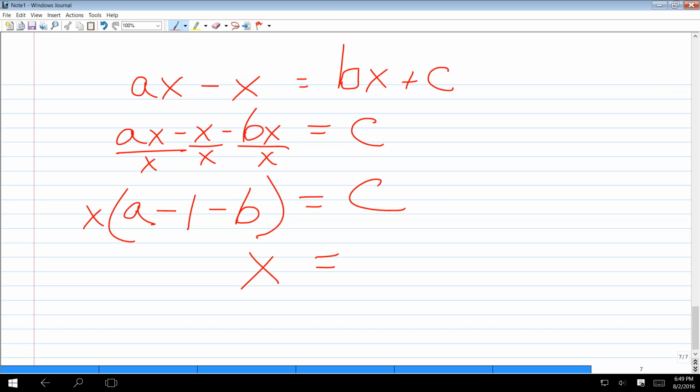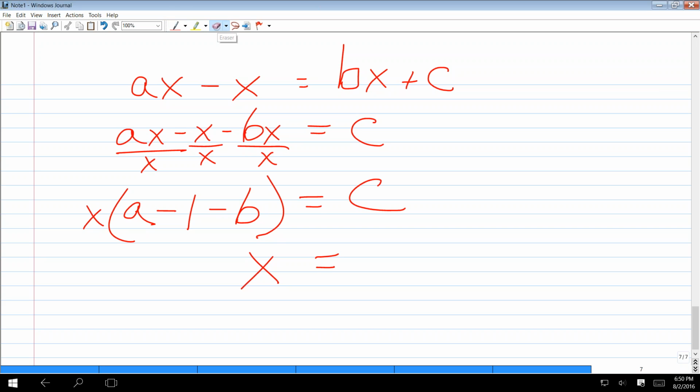Shoot, I forgot. When you're solving algebra, if you're solving something for x and there's other stuff with it, you want to do the reverse of whatever the other stuff is doing. Right now my x is being multiplied by this quantity a minus 1 minus b.